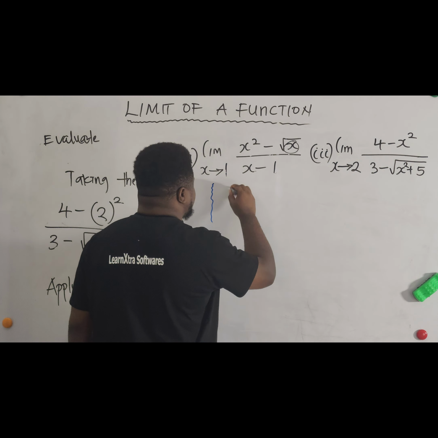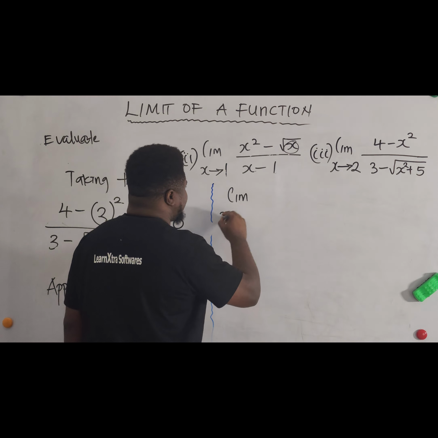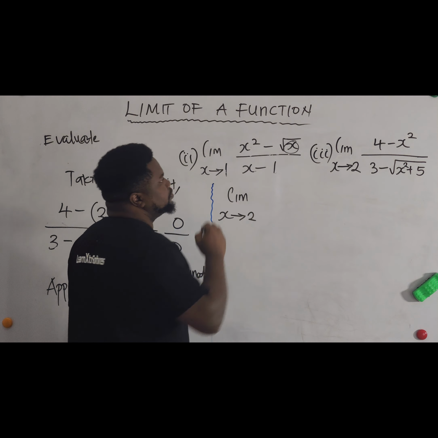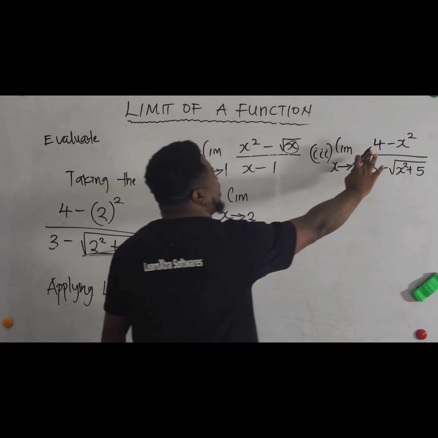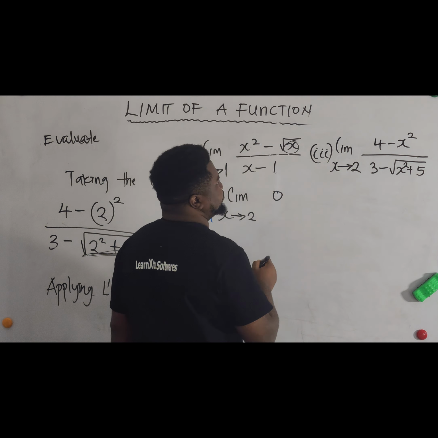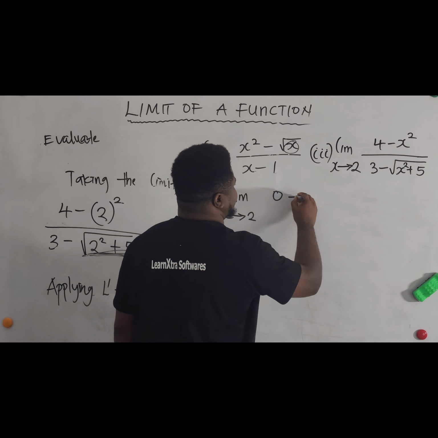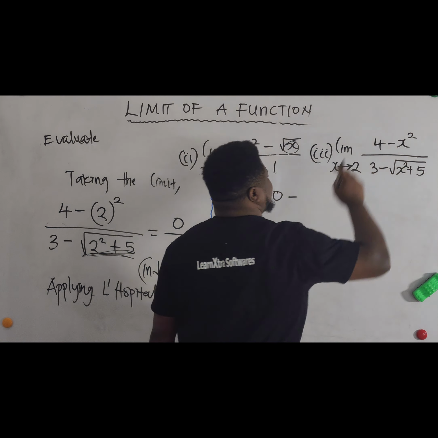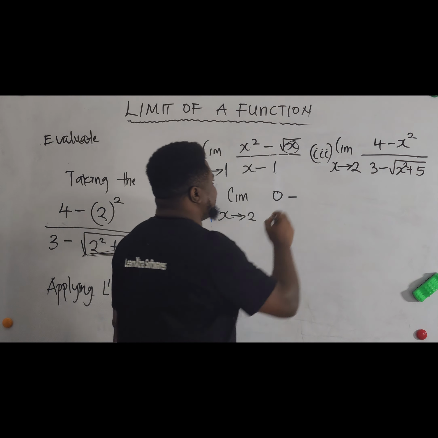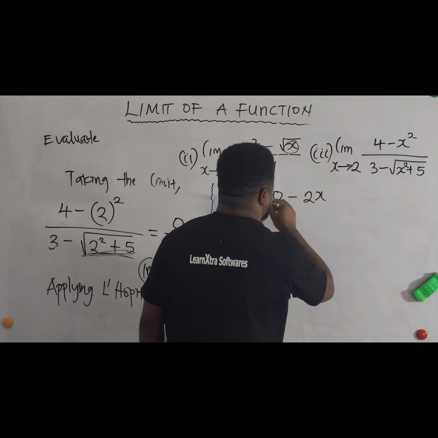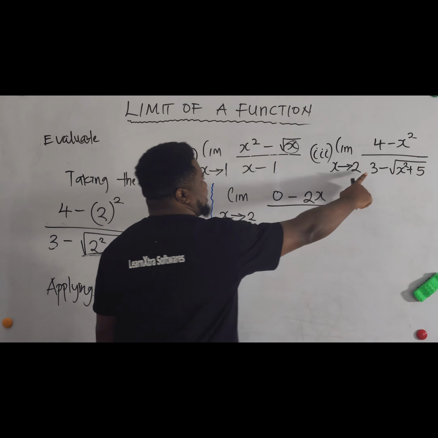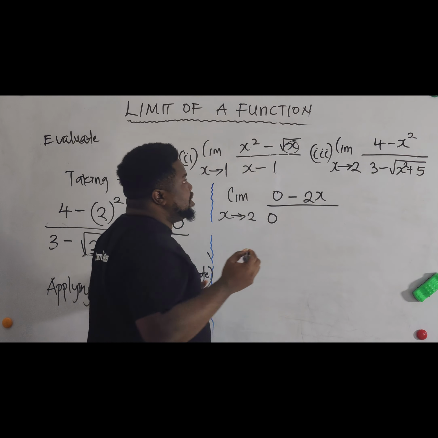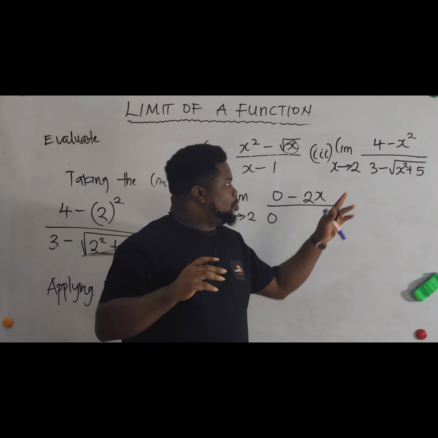That will be limit as x goes to 2 of, 4 will give us 0, minus x squared differentiates to 2x, all over 3 will give us 0, because once you don't have x, it will become 0.